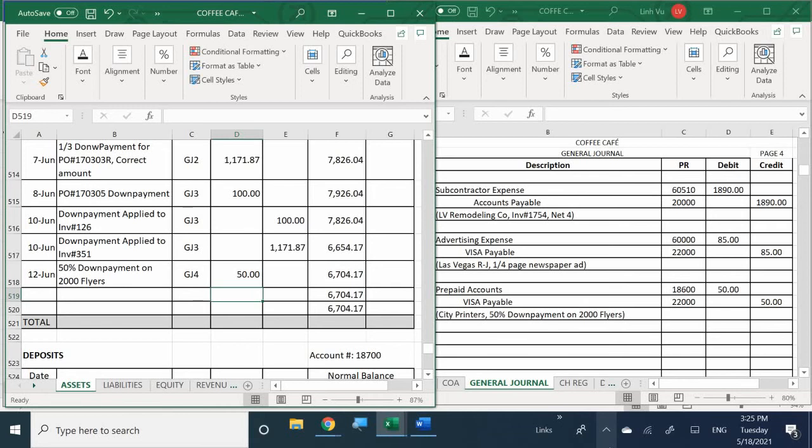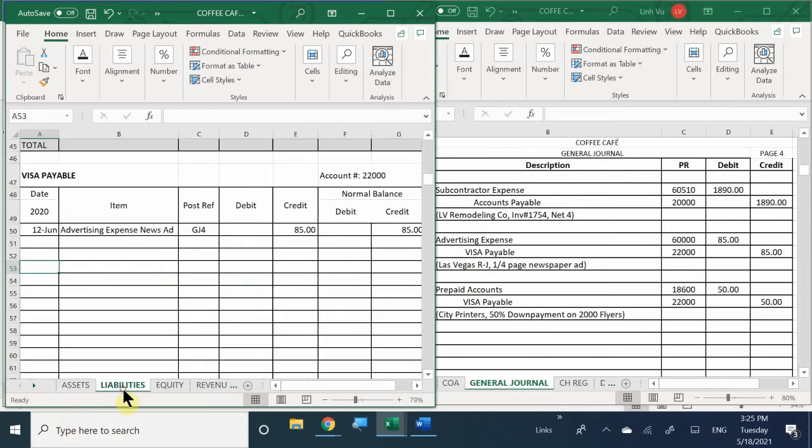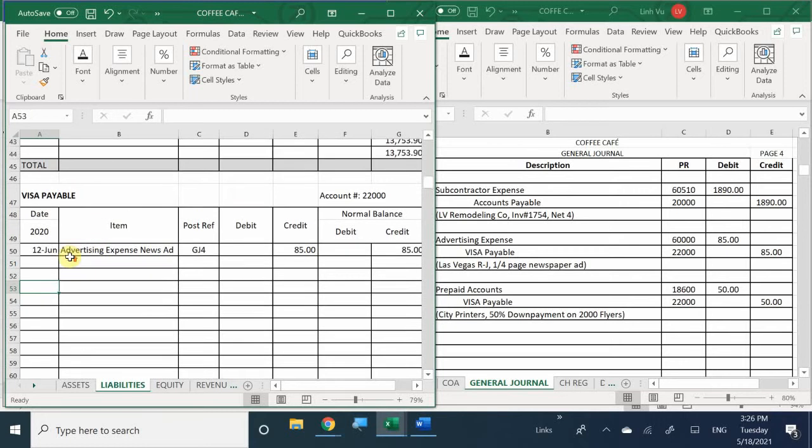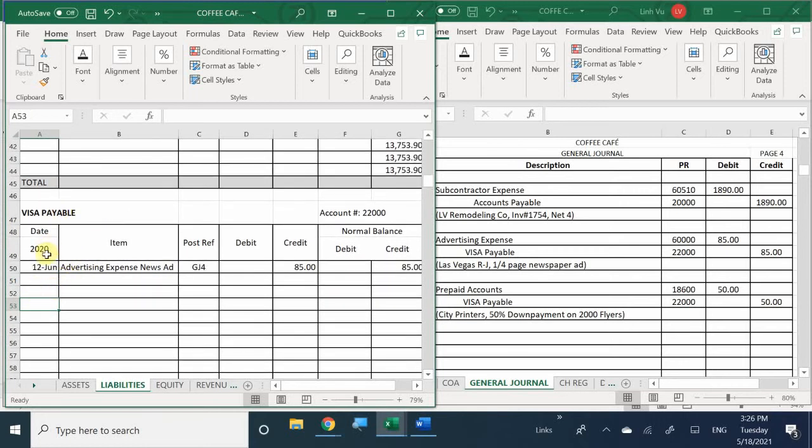And then, of course, we paid using a Visa credit card. So this is where we're going to be practicing our credit for the balance here. Here we are at the Visa payable. It is the 12th, and here was a 50% down payment on 2,000 flyers, General Journal 4.